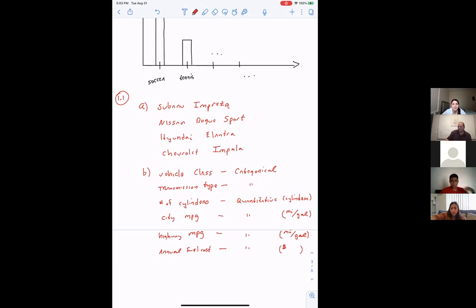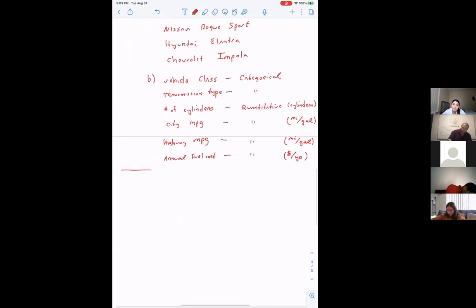Dollars per year I like better, since it is an annual fuel cost, it tells me how much it's going to cost per year, correct? Agreed? Yes. Okay, so that question was fairly straightforward, I hope. Not totally, but fairly. Let's go now to question 1.3.